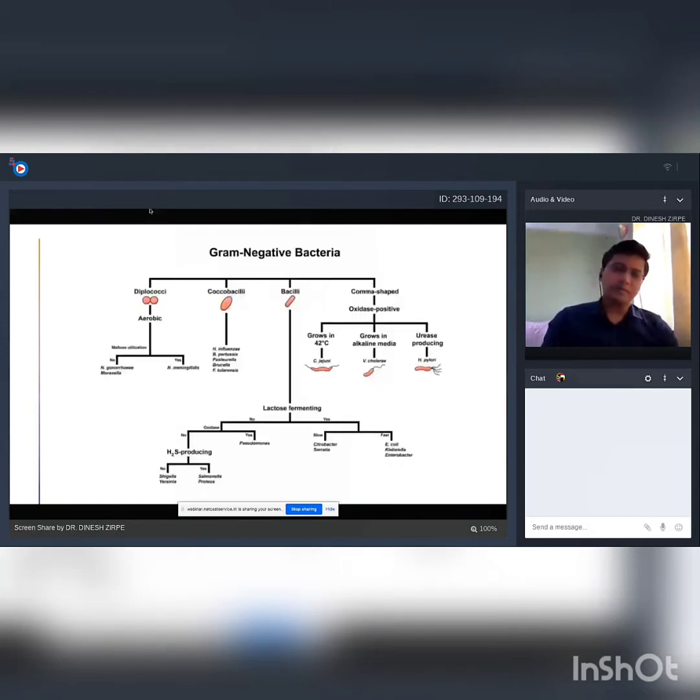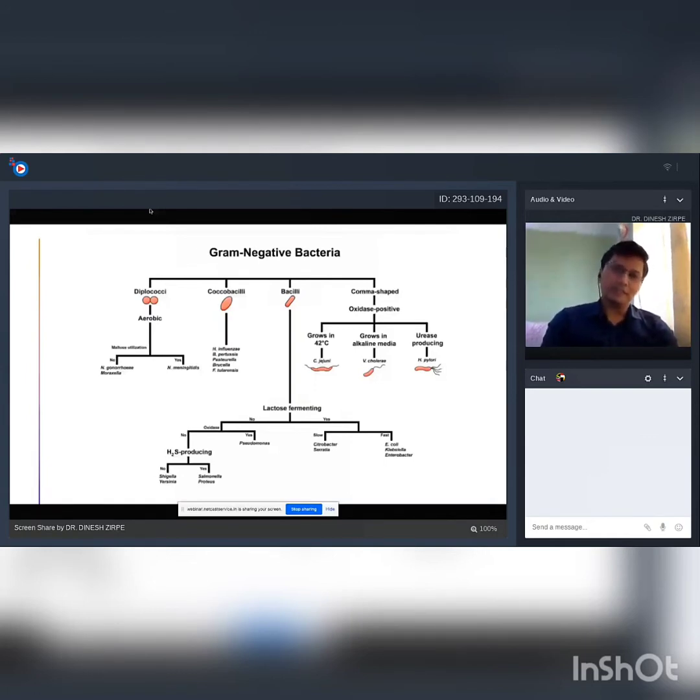If the stain is purple, then it's gram-positive. If it's red, then it is gram-negative. Bacilli are rod-shaped organisms. In that, if they are fast lactose fermenting, then they are E. coli, Klebsiella, Enterobacter. If they are slow, then they are Citrobacter, Serratia. And if they are non-lactose fermenting and oxidase positive, then here comes our other organism, Pseudomonas.